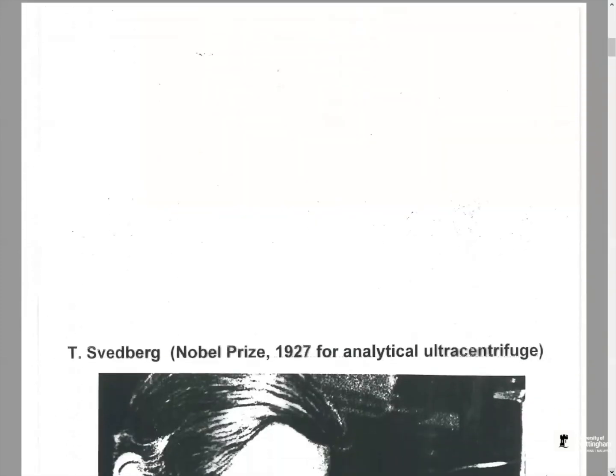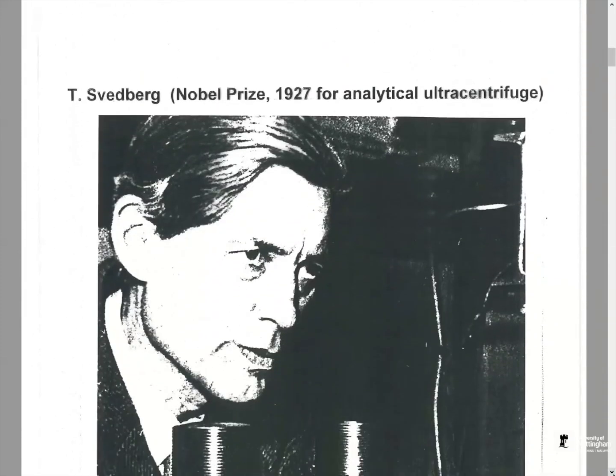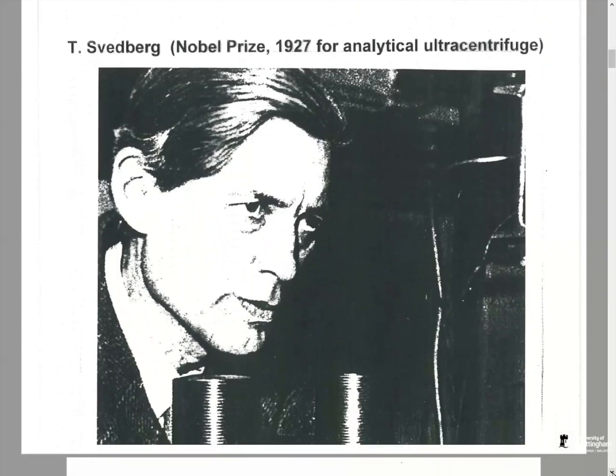Right, that's Svedberg. He got the Nobel Prize in 1927 for the invention of the analytical ultracentrifuge, a technique which, like a lot of techniques, revolutionized biomolecular science.